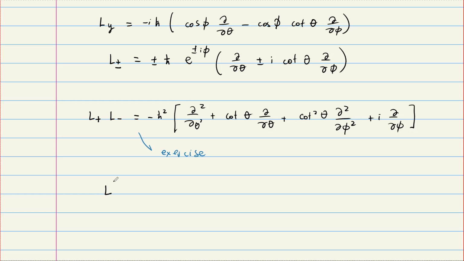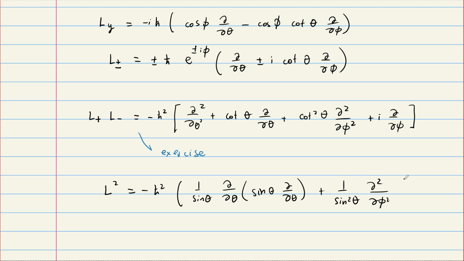Also, this L squared is more important. So this is minus h bar squared, 1 over sine theta del theta sine theta del theta plus 1 over sine squared theta del squared del phi squared.